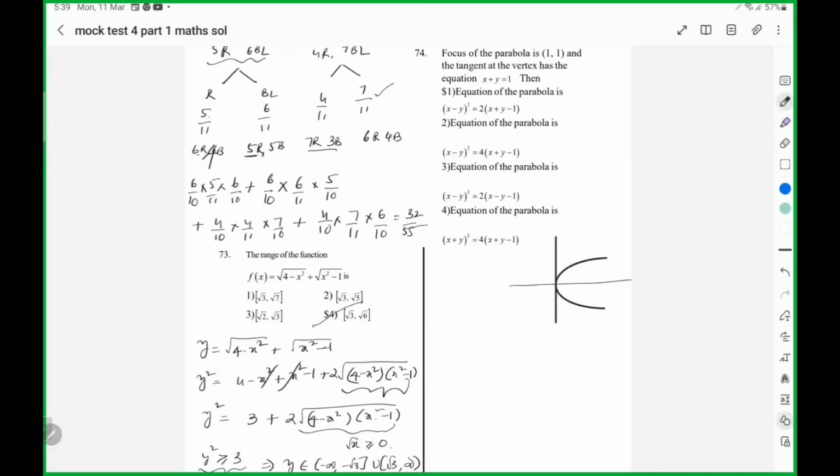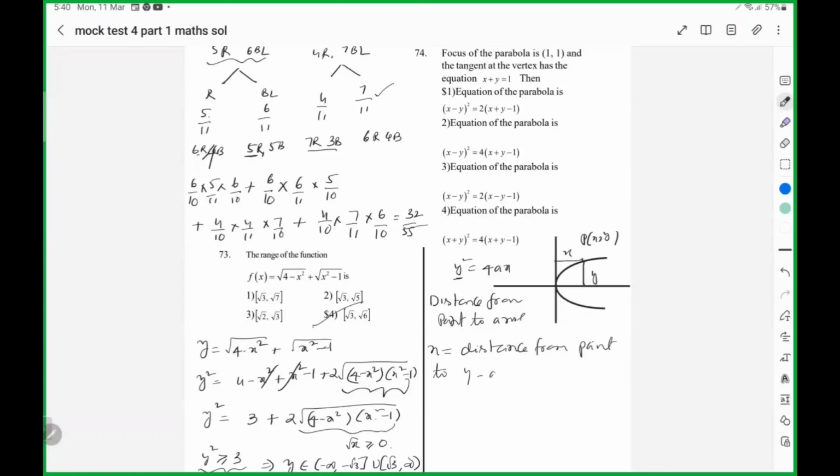So let us take a standard parabola. So that is the point x comma y, drop a perpendicular. Here you drop a perpendicular. So you know the standard equation. Here y means the distance from the point to the axis, and x means the distance from the point to the y-axis.